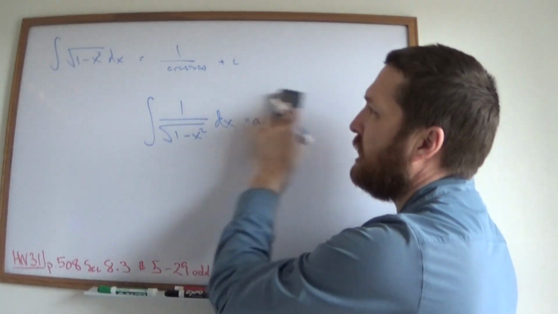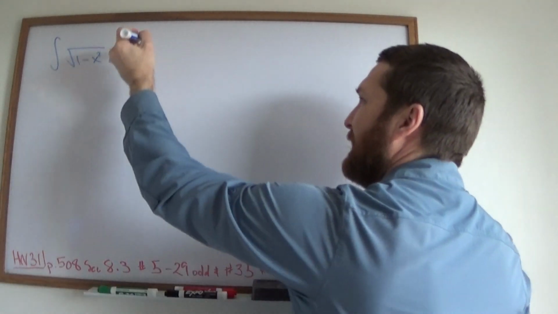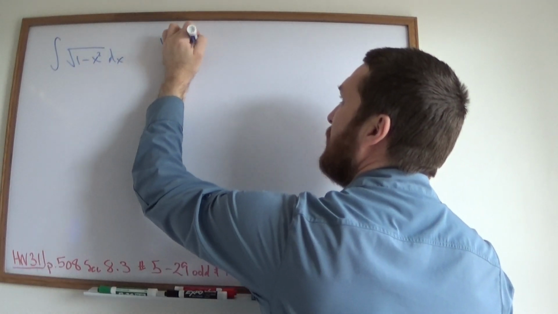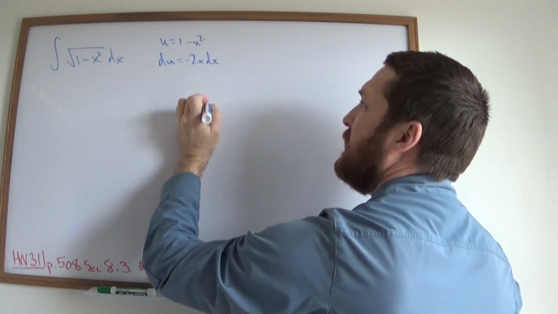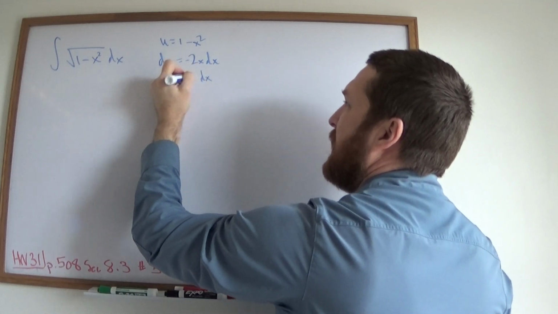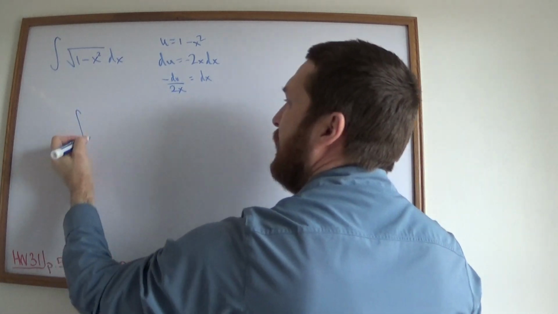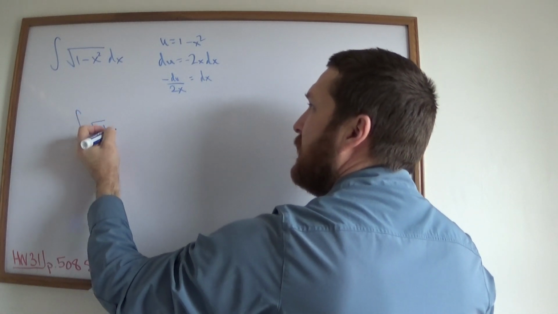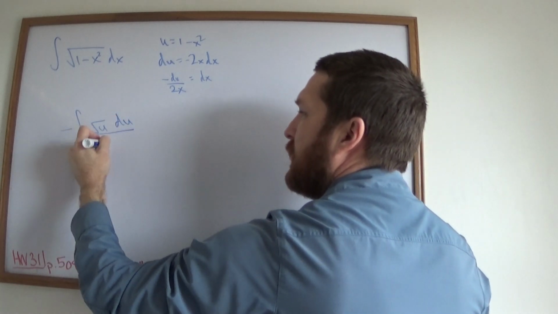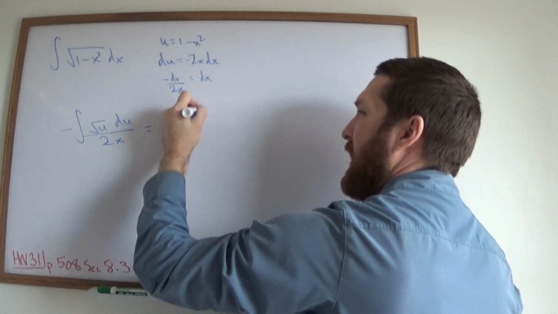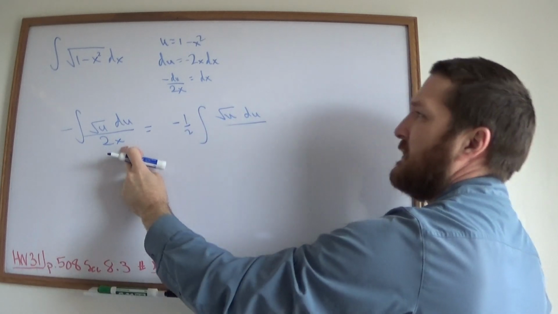So what you do is say, I'm going to do a u substitution on this. I'm going to let u equal 1 minus x squared, so that du is negative 2x dx. Then dx is negative du over 2x, and subbing this in, I get root u, then dx is negative, bringing the negative out, du over 2x, so negative 1/2 root u du over... oh, I don't want an x down there.